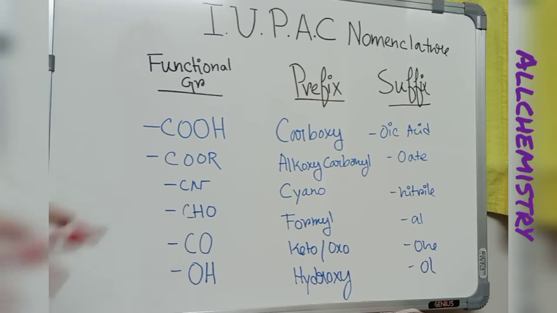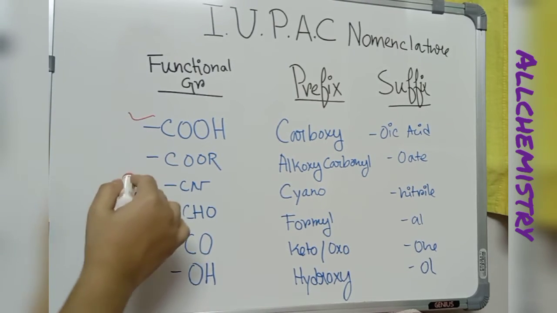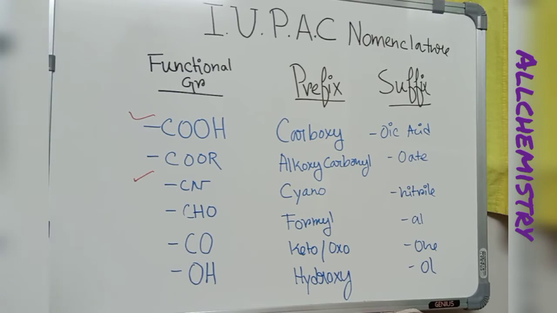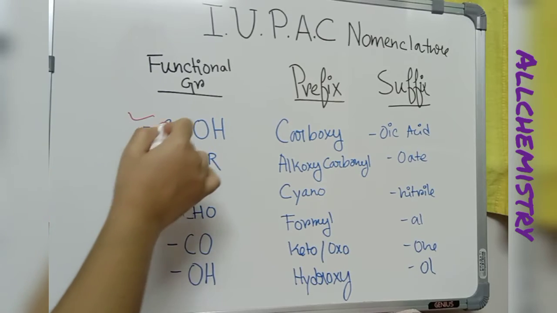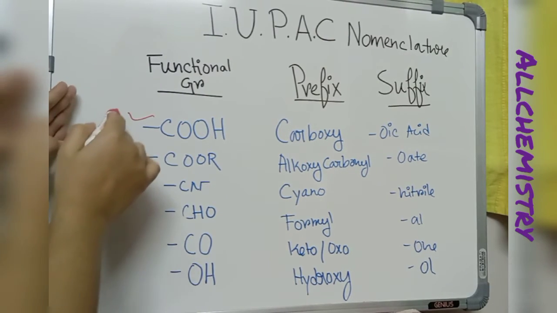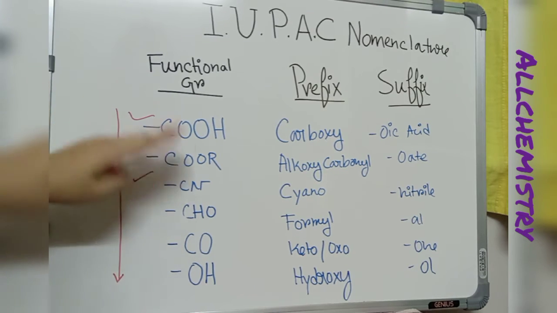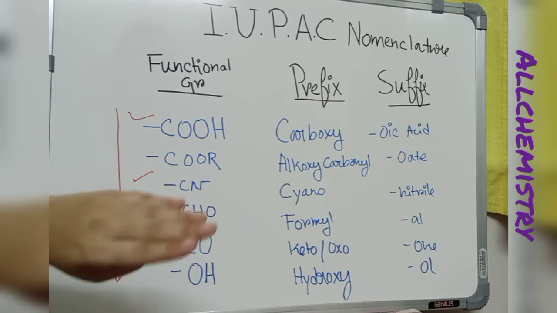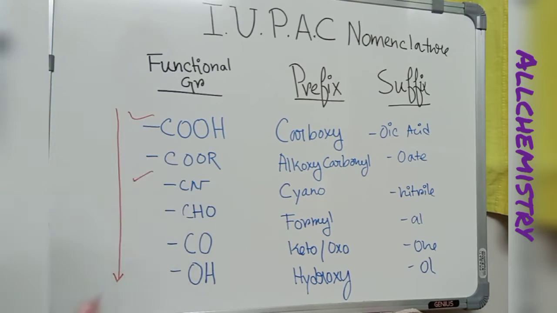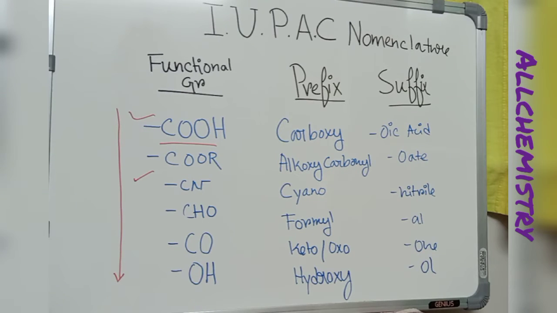Suppose you have a carboxyl group and a nitrile group, meaning a cyano group. Which group gets priority? The acid group, because from acid to alcohol the priority decreases. Between acid and nitrile, cyano group, we give acid as the prior group.